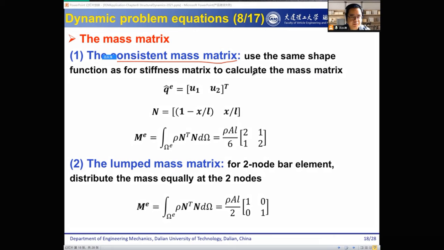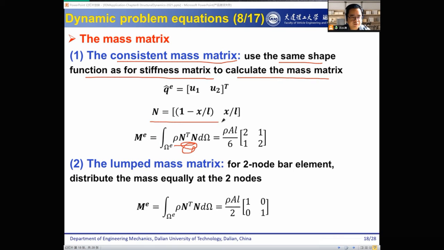For the consistent mass matrix, we use the same shape function as for the stiffness matrix to calculate the mass matrix.